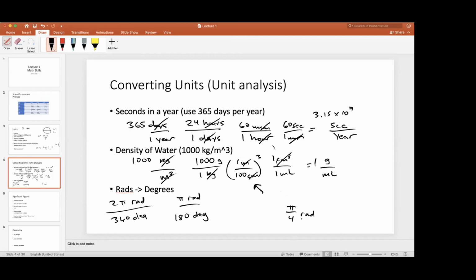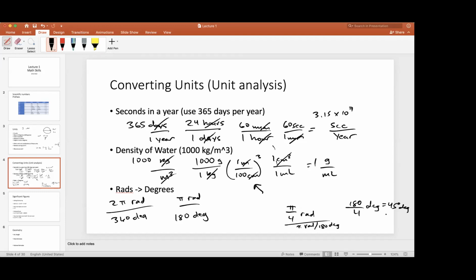And we want to know how many degrees that is. Well, if we multiply this by 180 degrees over pi rad, the pi's cancel and we get 180 over 4, the rads cancel, degrees. That is 45.